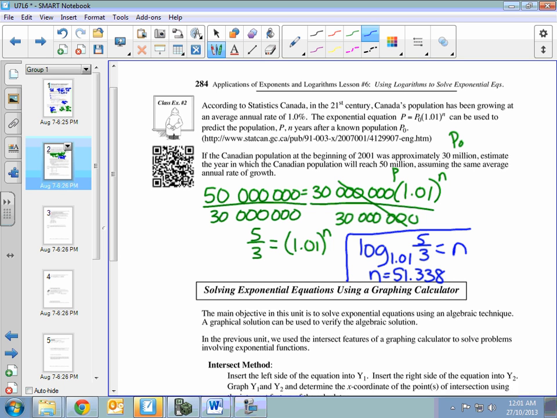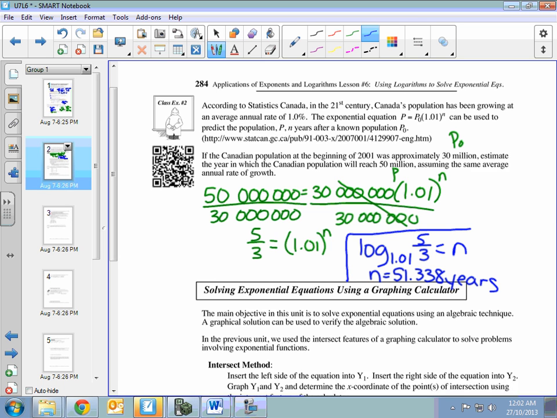Let's see if this is answering our question. This n is years. If the Canadian population at the beginning of 2001 was approximately 30 million, estimate the year in which the population will reach 50 million. Since it's going to be over 51 years, we estimate 52 years.